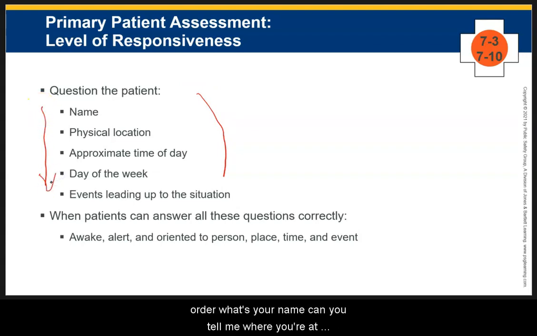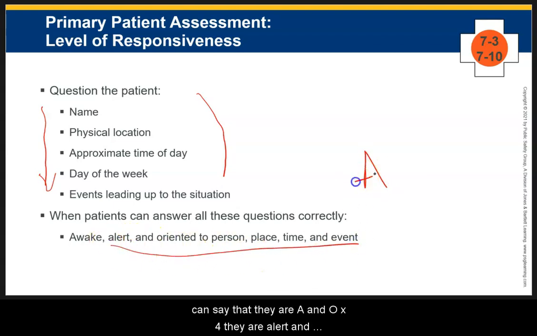What's your name? Can you tell me where you're at? About what time is it and what day of the week? Tell me what happened, the events leading up to the situation. If a patient can answer all of those questions correctly, we can say that they are A and O times 4.